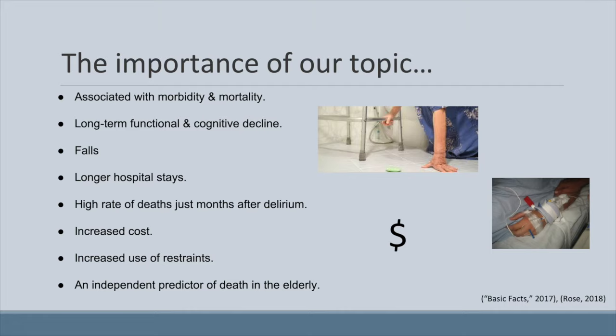So 1/3 of the elderly that arrive in emergency rooms apparently experience delirium, and 1/3 of patients over 70 that are admitted to the hospital experience it, as well as 2/3 of the elderly experience delirium after a major surgery.